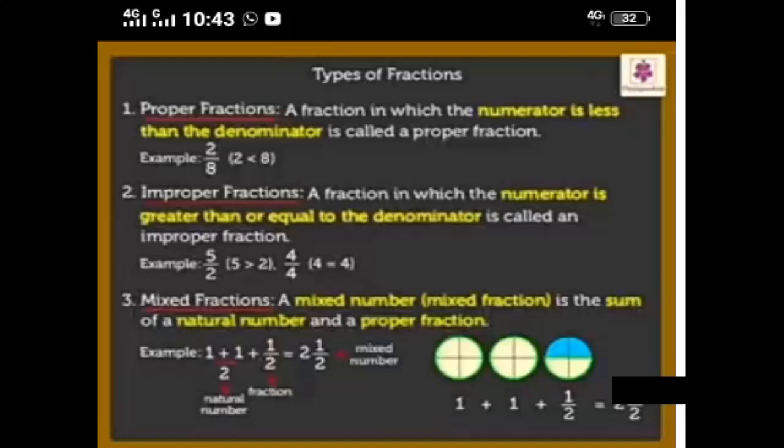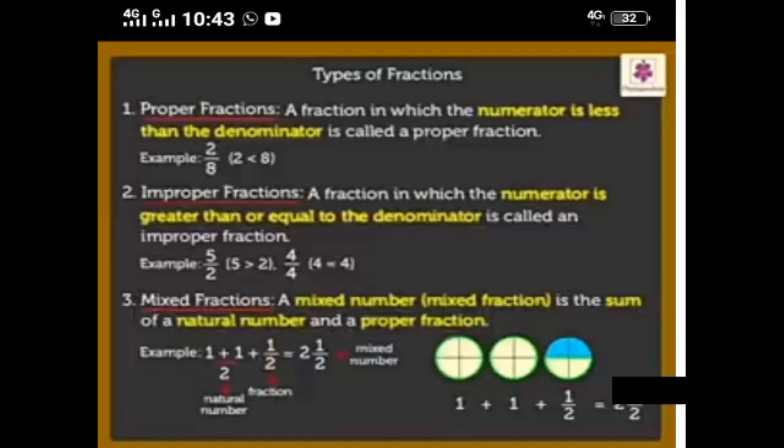Next one is mixed fraction. In the case of a mixed fraction, there is a number part and a fractional part, otherwise, the sum of a natural number and a proper fraction.